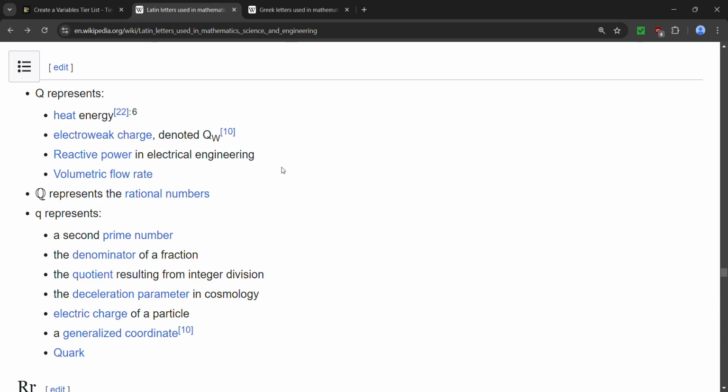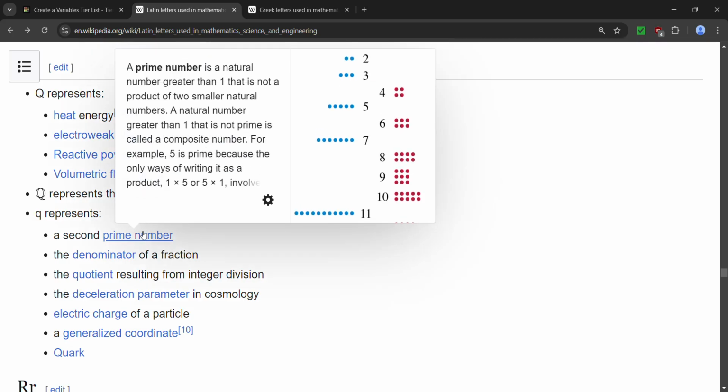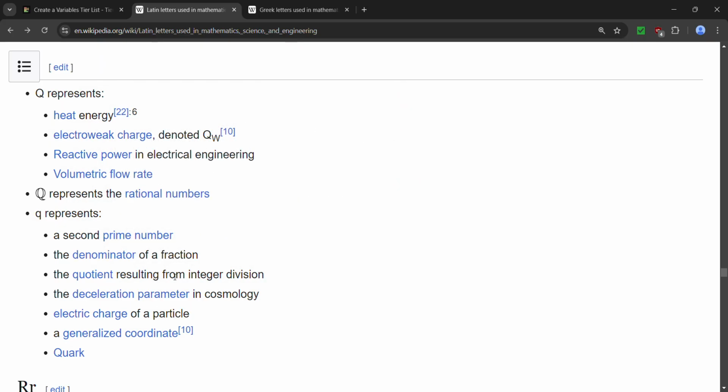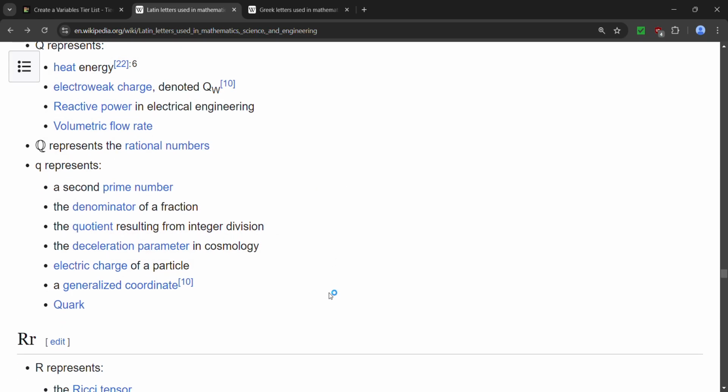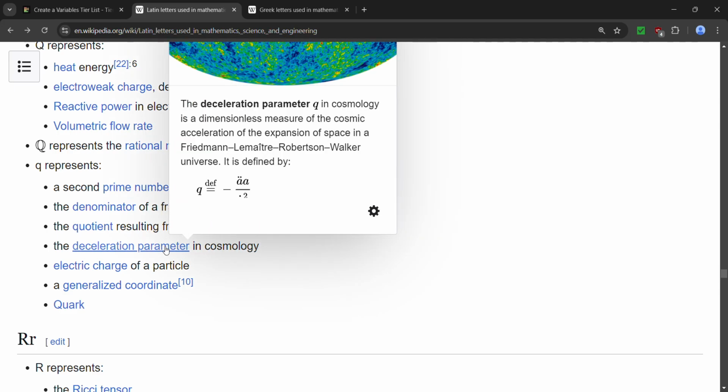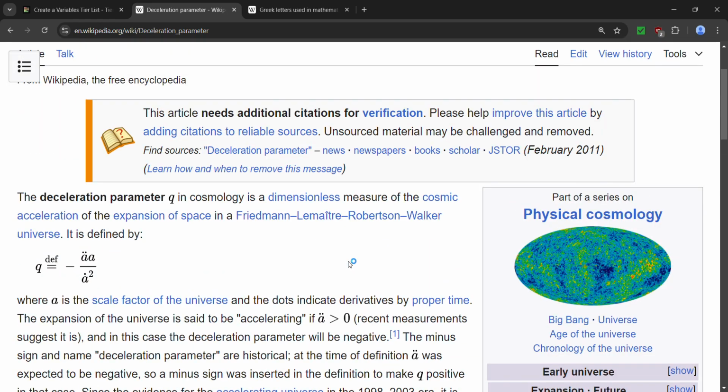Volumetric flow rate. Yeah, rho GQA. Yeah, I guess. That's another thing. I don't know who came up with that. I don't know if there's anything else that's too convincing. The quotient? Yeah, no. Deceleration parameter in cosmology. What the hell?